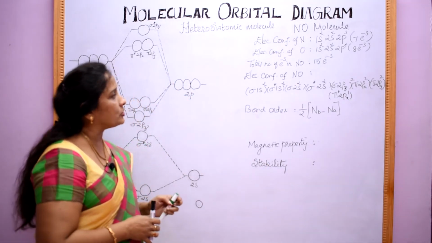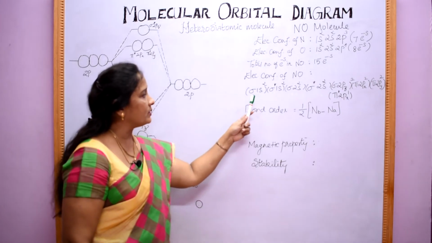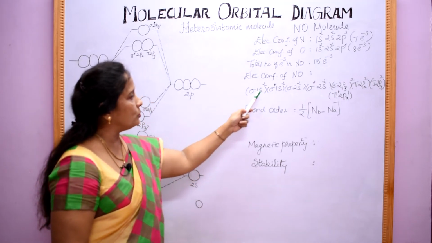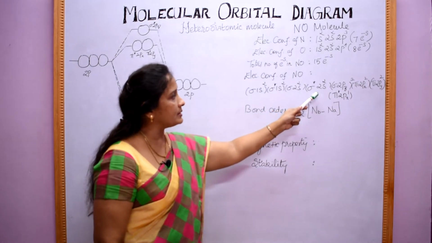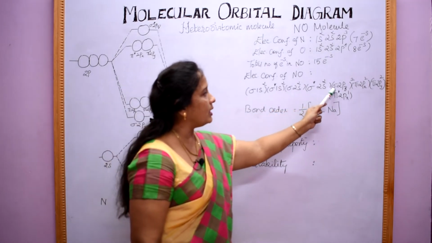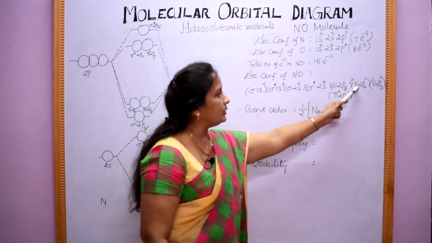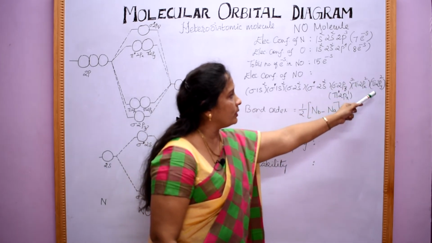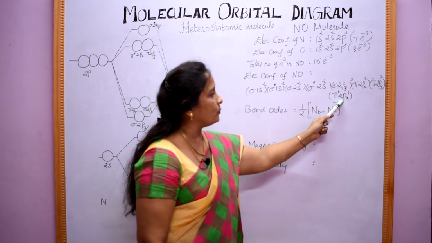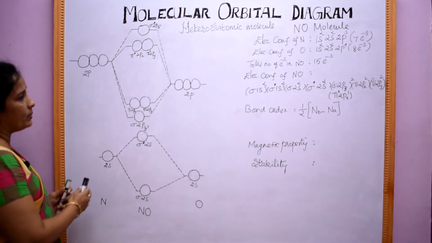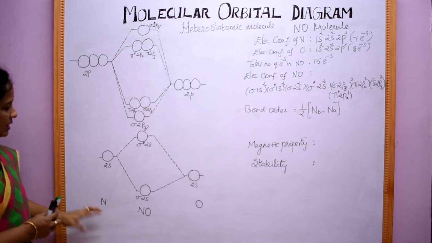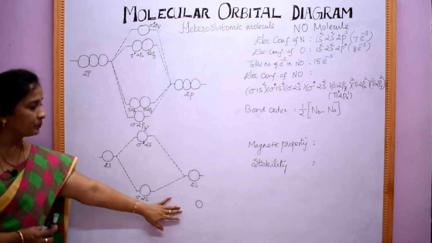We can write the electronic configuration of NO as sigma 1s2, sigma star 1s2, sigma 2s2, sigma star 2s2, sigma 2pz2, pi 2px2, pi 2py2, pi star 2px1.